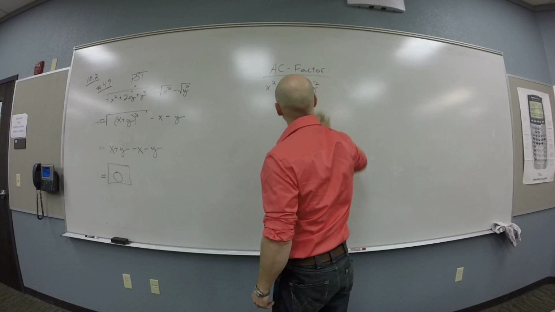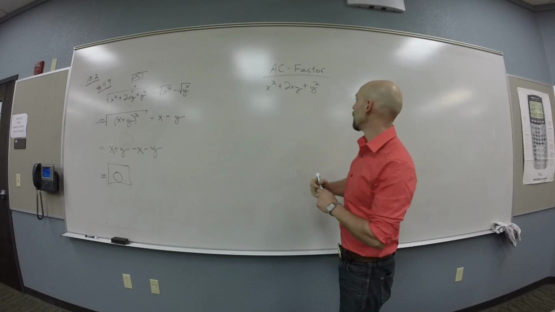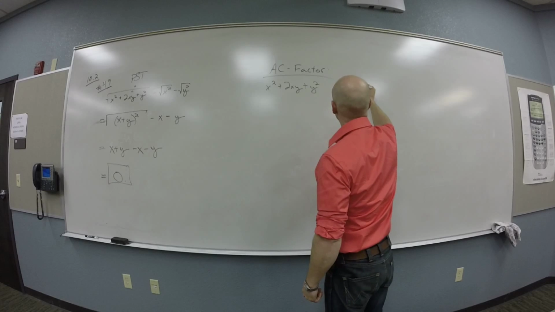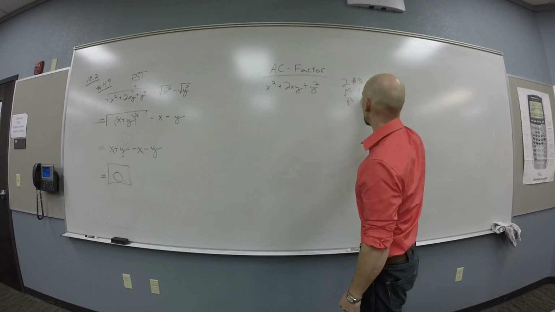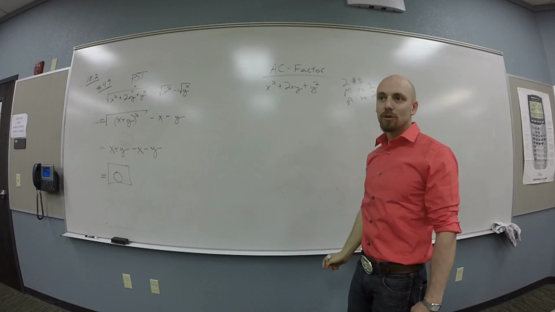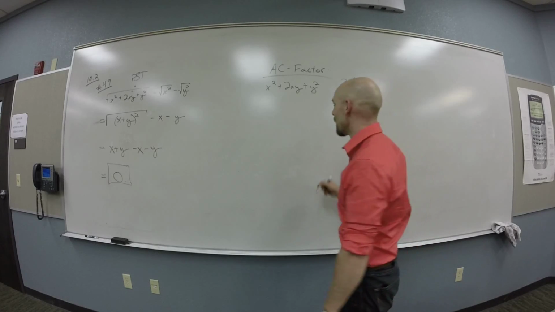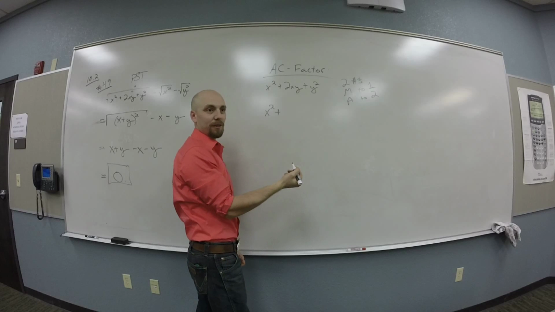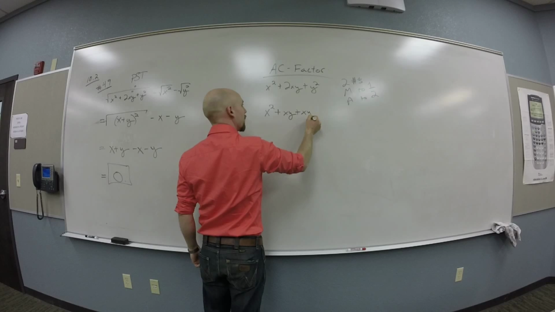So I'm looking for two numbers that multiply to 1 and add to 2. What multiplies to 1 and adds to 2? 1 and 1. So I'm going to take my 2xy and replace it with xy plus xy.